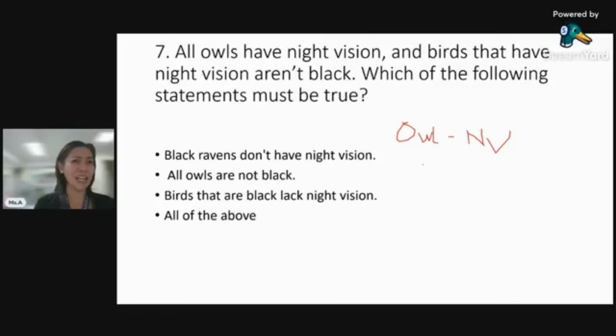So, more likely, ang owl po ay hindi black. So, alin po dito ang totoo? Tama ba yung sinabi ko? So, black ravens don't have night vision. You think wala pong night vision ang black raven?